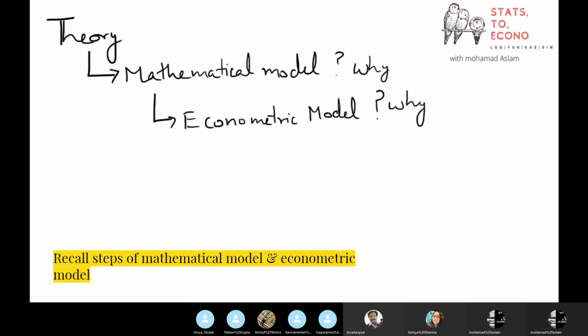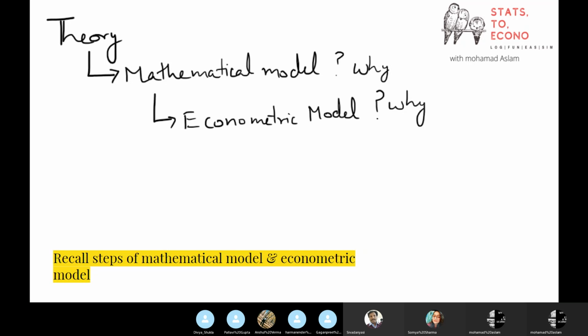The mathematical model is in the form of relations and functions. In functions, you define that any particular variable depends upon other variables. That's your dependent variable, and the others are your independent variables.